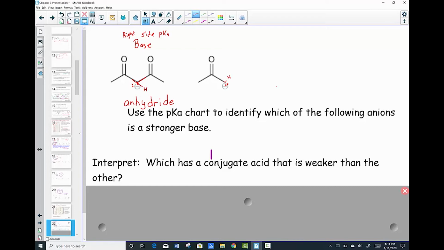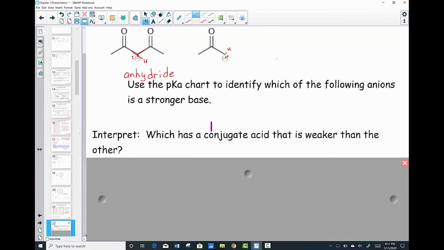Go to work and find which one is the stronger base using your pKa. When I ask you the stronger base, I'm really asking you which acid is the weaker acid. Which has a conjugate acid that is weaker than the other one. So, you're using your chart. Don't cheat yourself.